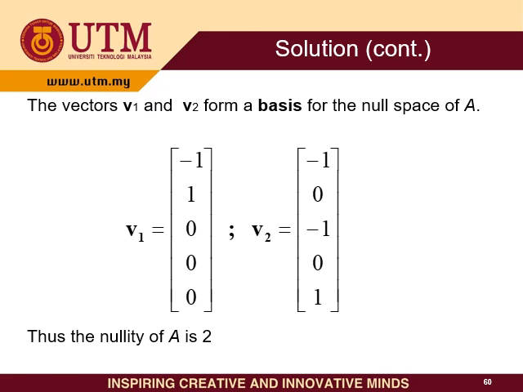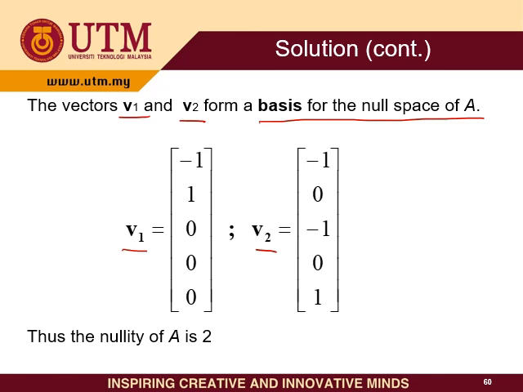Again, based on the previous slide, we know already that the vectors v1 and v2, as mentioned here, form a basis for the null space of A. Okay, and what about the nullity of A?